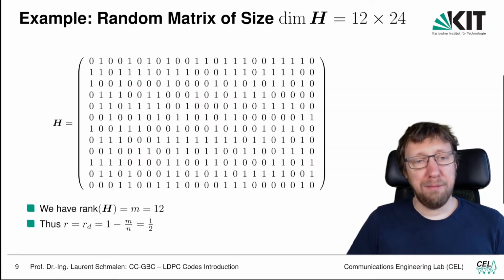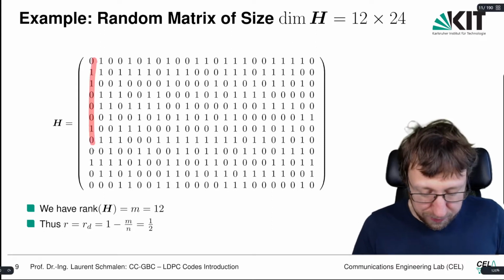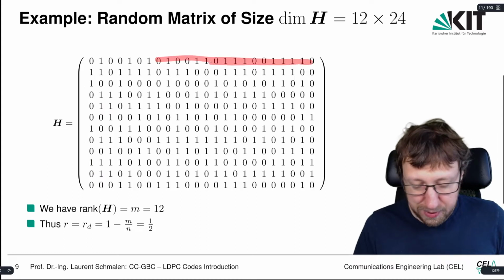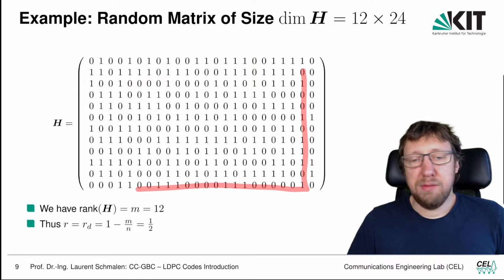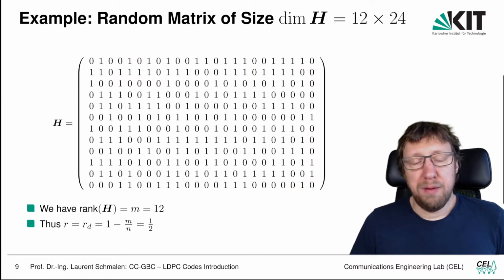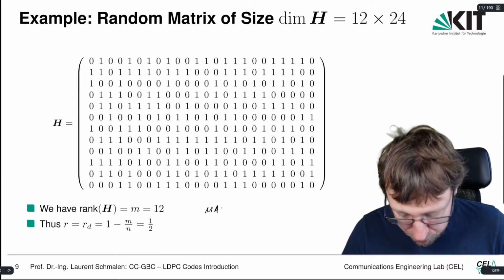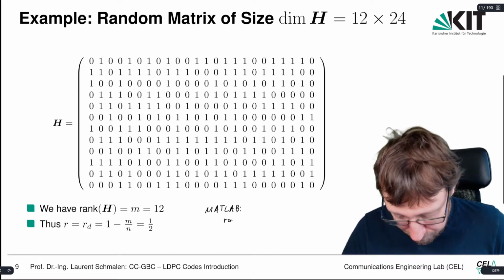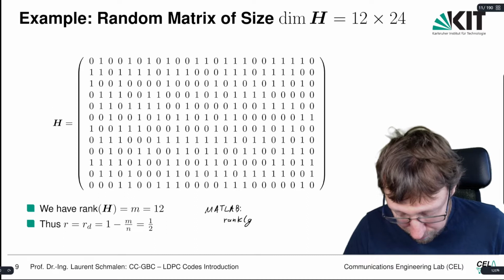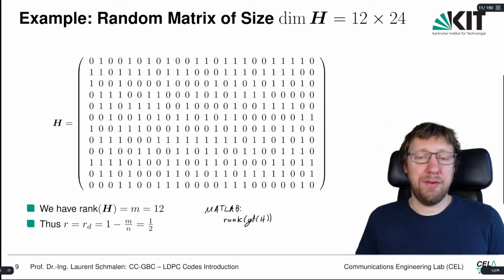First, here is an example. I took a random number generator, and I generated a code of size 12 times 24. And this comes immediately from the random number generation. And we can calculate the rate. If you have, for instance, MATLAB, that's tremendously easy. In MATLAB, you have a binary matrix, you calculate rank of GF of H, and it will give you the rank.